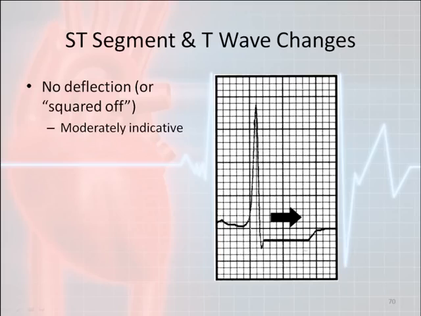Another type of ST segment depression is going to be the one where it is squared off, or there's no deflection. This is actually considered horizontal. This is moderately indicative of subendocardial ischemia.